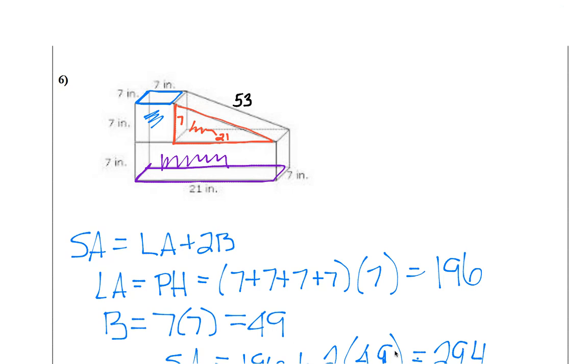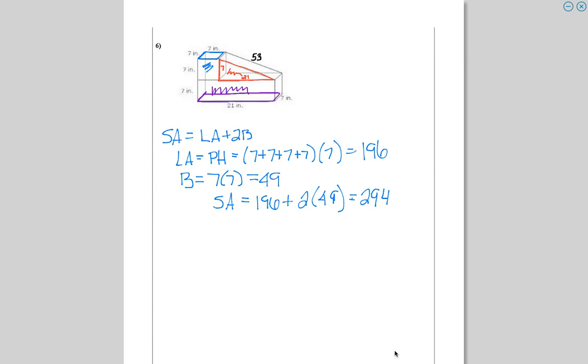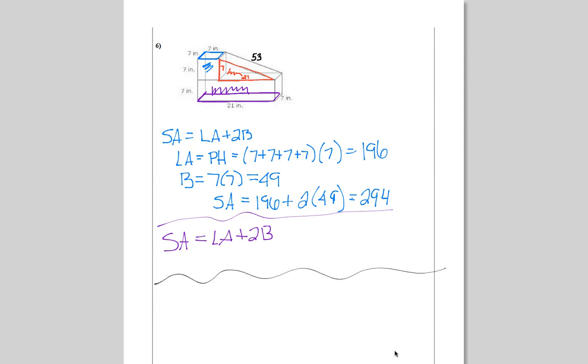So with that 53, you can now find the perimeter of that red triangle, and you'll need that. So next, you should have surface area. And then you need to do it for the red as well.